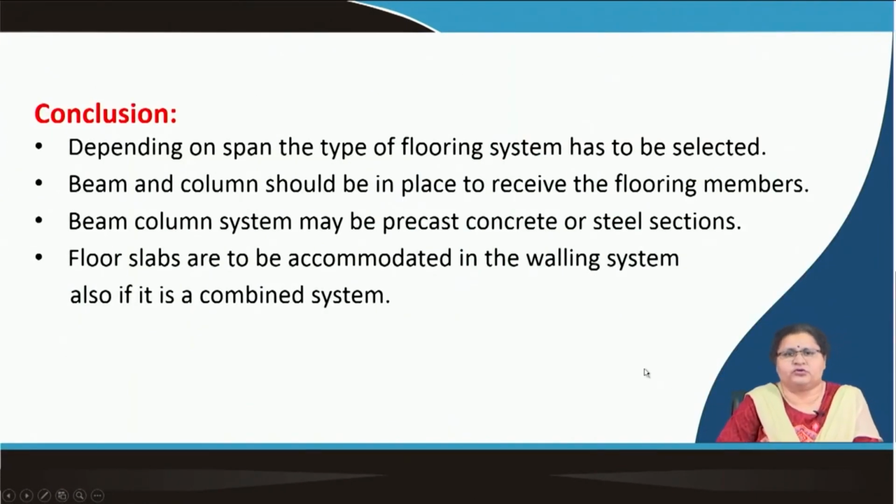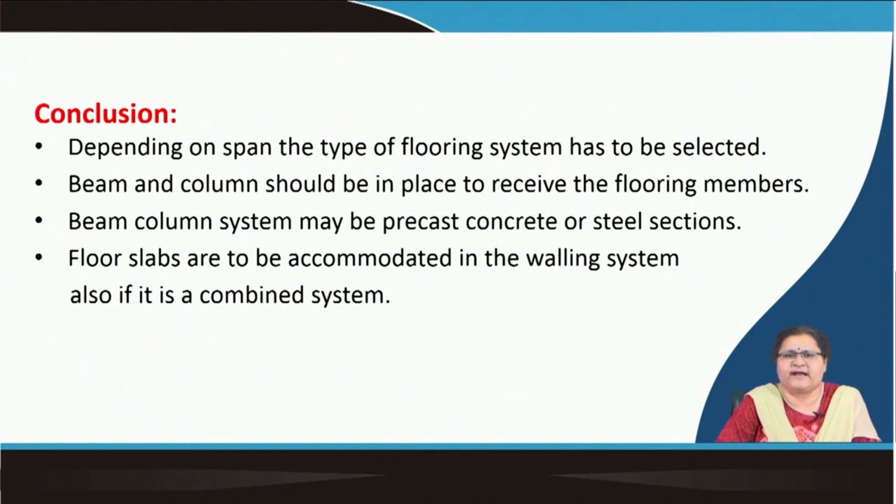So we may conclude that depending on the span, the type of flooring system has to be selected. Beam and column should be in place to receive the flooring member. So you just cannot start placing the floors without your beam column system in position. The beam column system may be precast, it may be steel section, it may be brick wall, it may be anything other than a precast system also.